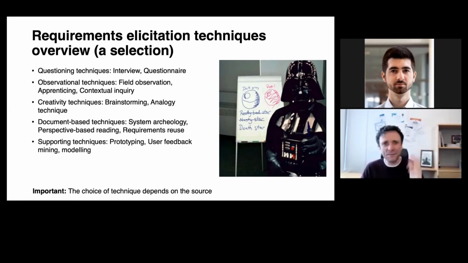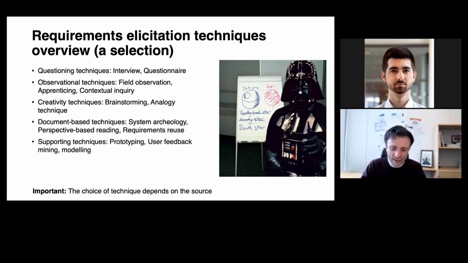There are many, many more, such as creativity techniques. Also in the era of design thinking and software engineering, we can use different creativity techniques and so on and so forth. Now, for you to take away, the list is very, very long.